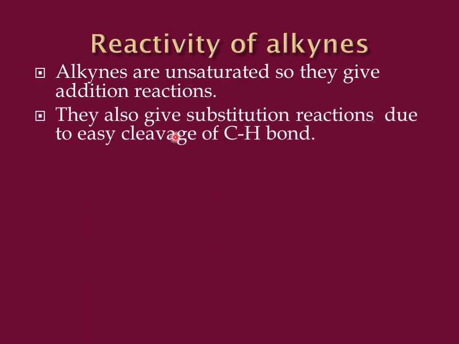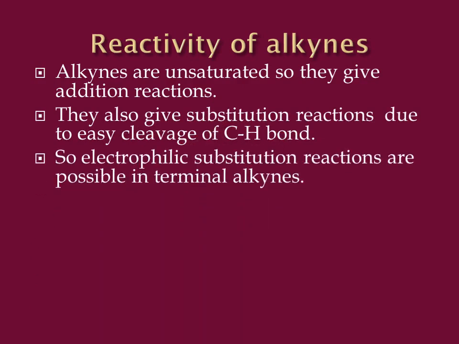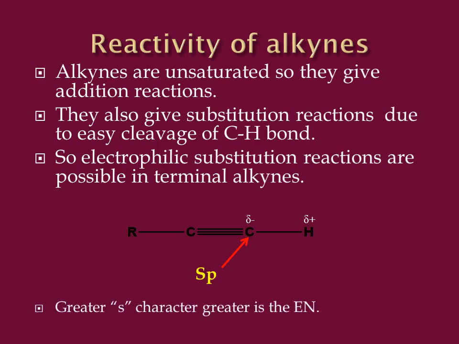So, electrophilic substitution reactions are possible in the terminal alkynes. Now you can see that the CH bond of terminal alkynes, or you can say 1-alkyne, is polar. Why is it polar? Because the carbon atom of the triple bond is sp hybridized, and you know that an sp hybridized carbon atom has a greater s character, hence greater electronegativity.